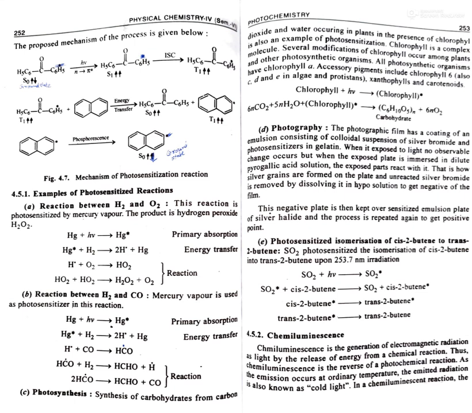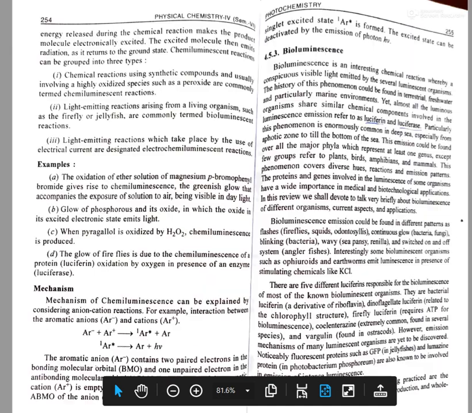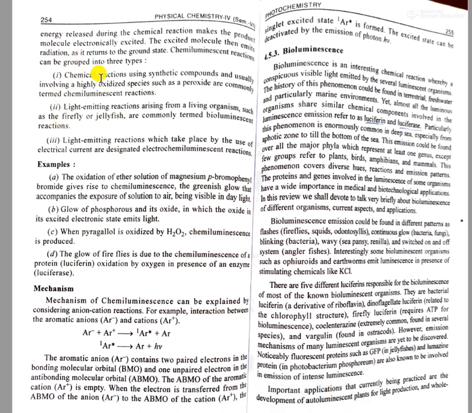So common examples are the cold light emission by many chemiluminescent reactions. Let us see these. Reactions using synthetic compounds and usually involving a highly oxidized species such as peroxide are commonly termed chemiluminescent reactions.